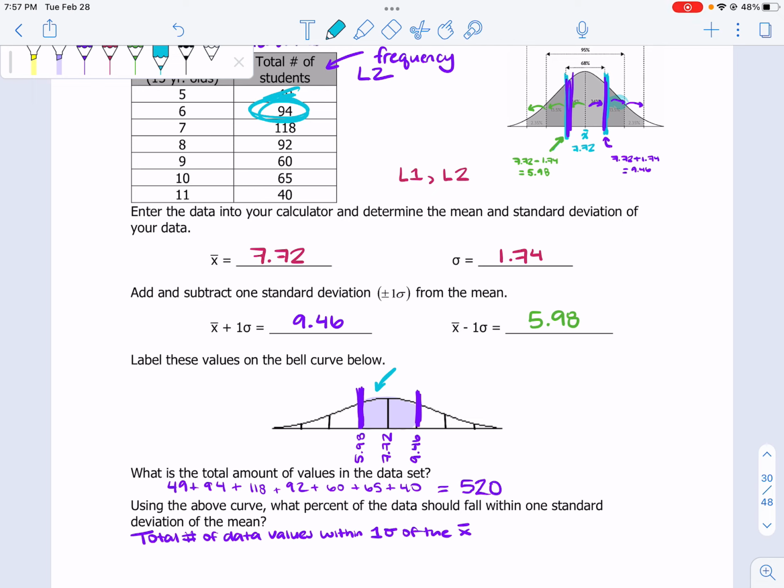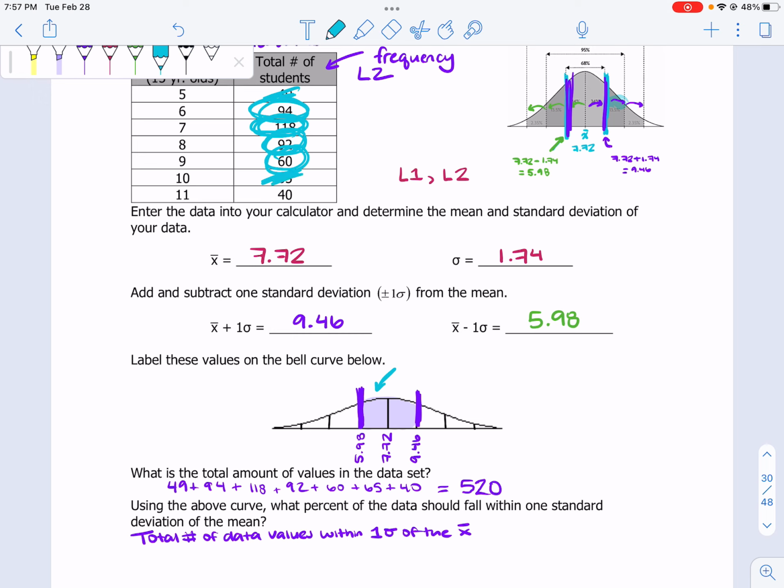Similarly, these 118 students that have a shoe size of 7 fit within that range. Same with these 92 students who have a shoe size of 8, and these 60 students who have a shoe size of 9.